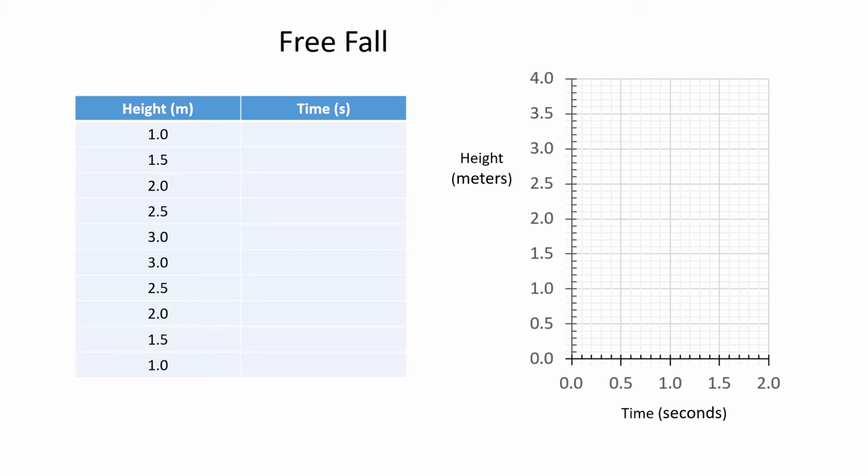Then in Excel, you can graph height as a function of time and include a trend line that's a polynomial of degree 2. And from that, you'll be able to determine g by comparing your trend line to the formula for y we saw earlier.